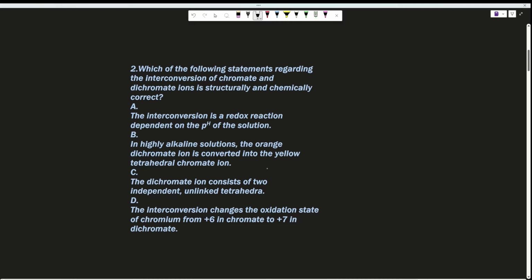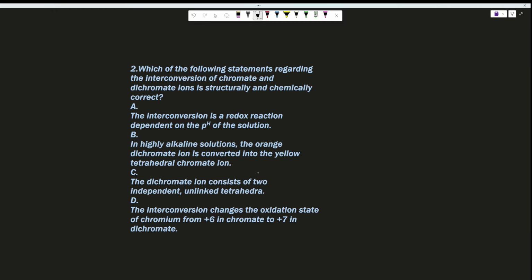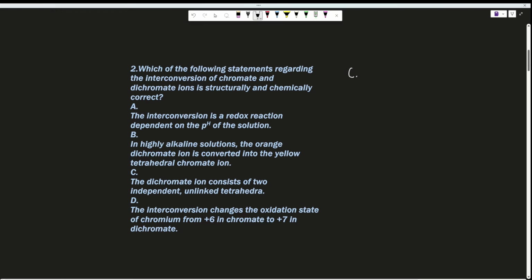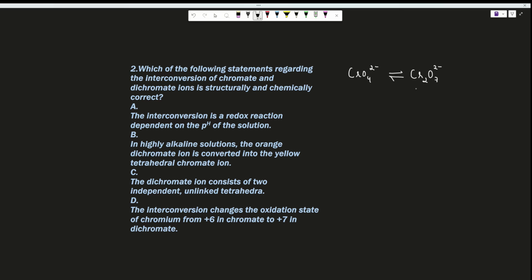Which of the following statements regarding the interconversion of chromate and dichromate ions is structurally and chemically correct? When you take these chromate and dichromate ions, they are interconvertible depending on the pH of the solution. CrO4 2-, this is chromate, Cr2O7 2- is dichromate.